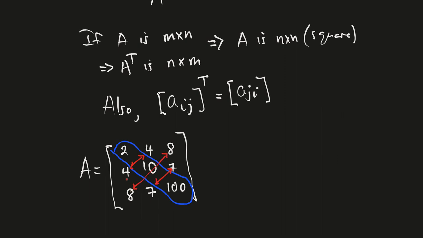So that's how you can just look and tell. You can have any numbers on the main diagonal because those don't change position. But in order for me to guarantee that when I take the transpose, I get back the original, I have to ensure this kind of symmetry.